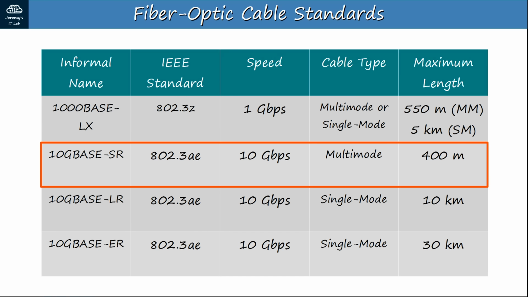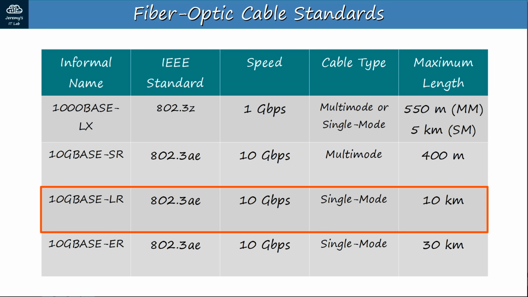Next up is 10GBASE-SR, defined in the 802.3ae standard, which operates at 10 gigabits per second. It uses multimode fiber and can support cable lengths up to 400 meters. Next is 10GBASE-LR, also defined in the 802.3ae standard, again operating at 10 gigabits per second. 10GBASE-LR, however, uses single-mode fiber, and cable lengths can be up to 10 kilometers.